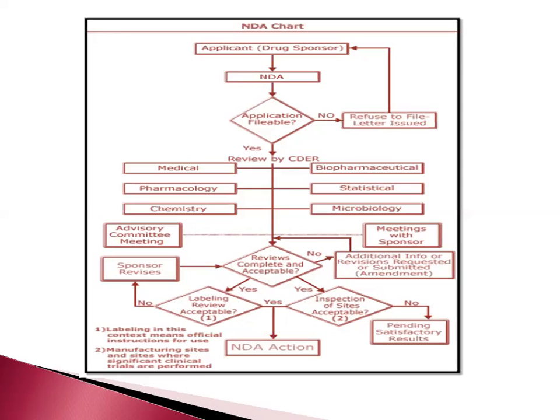Okay, once it is confirmed that all the related data is okay, they will start reviewing labeling, acceptance, and they will go for inspection of the site. Inspection of the site means what? The regulatory agency will visit the actual site, and there they will check the overall activities carried out, facility related issues, whether everything is going on according to regulatory guidelines or not.